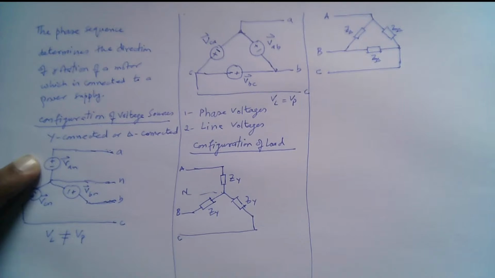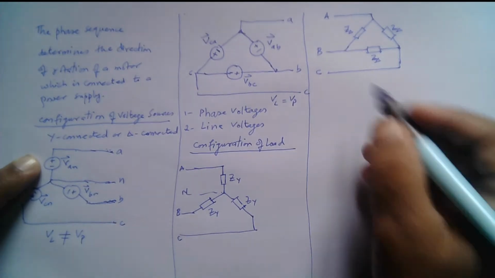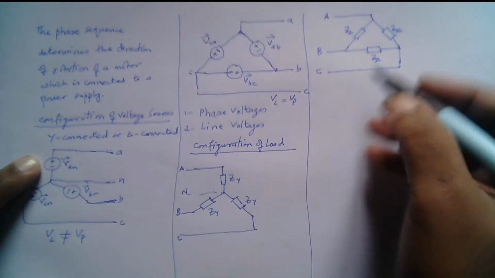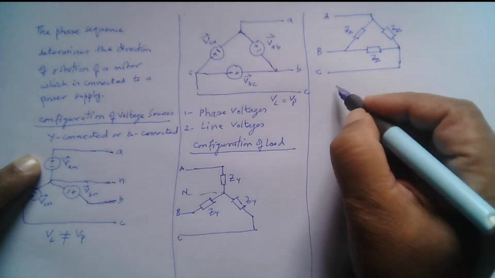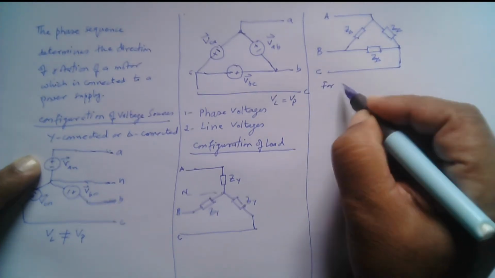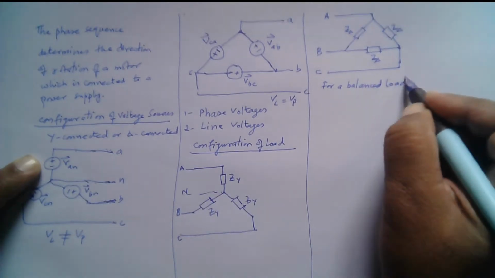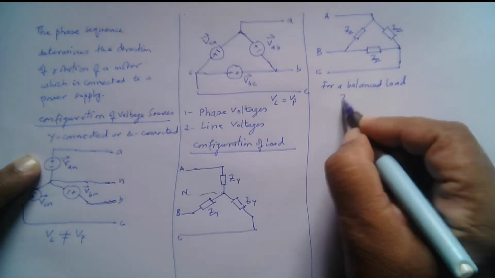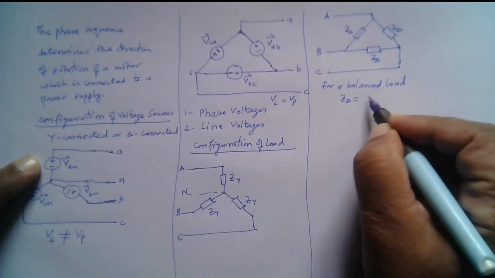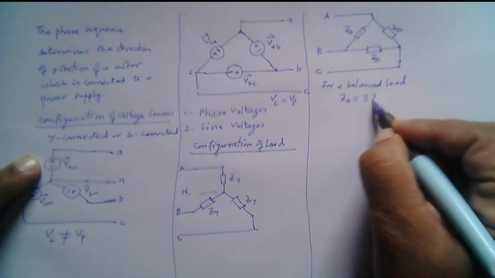For a balanced load, Z delta is equal to 3 times ZY, right?